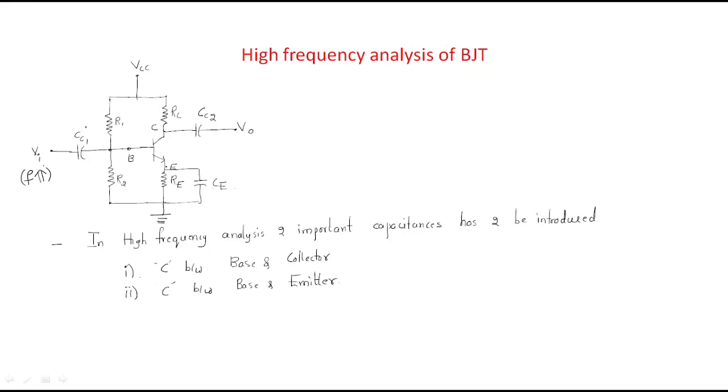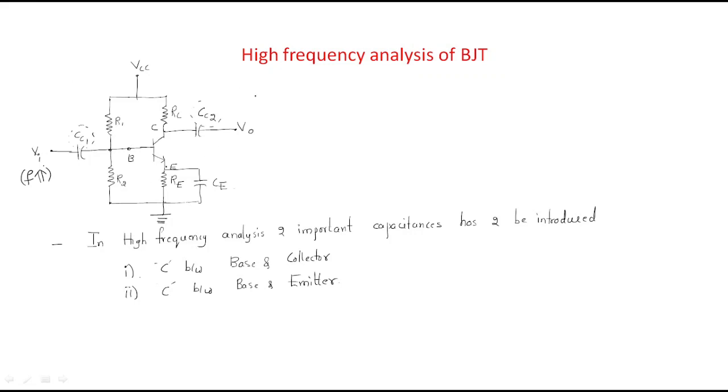We have two capacitances, CC1 and CC2. These two are the coupling capacitors, which separate the DC and AC supply. R1 and R2 are the fixed biasing resistors, for introducing the Q point. So this is the complete diagram of the BJT.